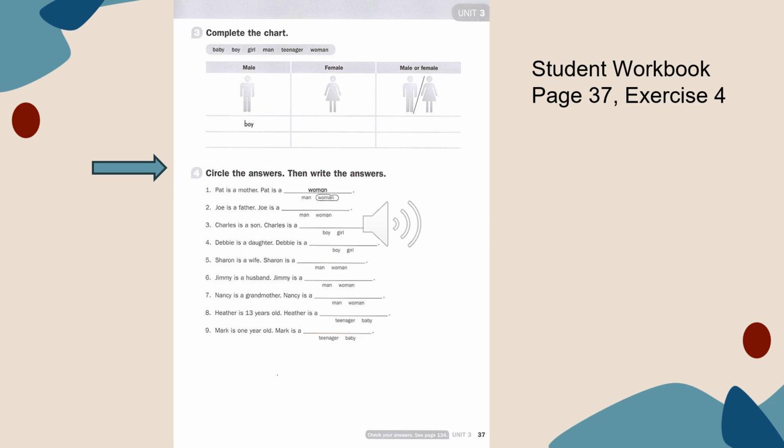It's a woman, so you circle woman and then in the gap you write woman. Number 2, Joe is a father. Is Joe a man or woman? Do each one of these. I'll give you a few minutes. Remember, circle the answer, then write it in the gap.